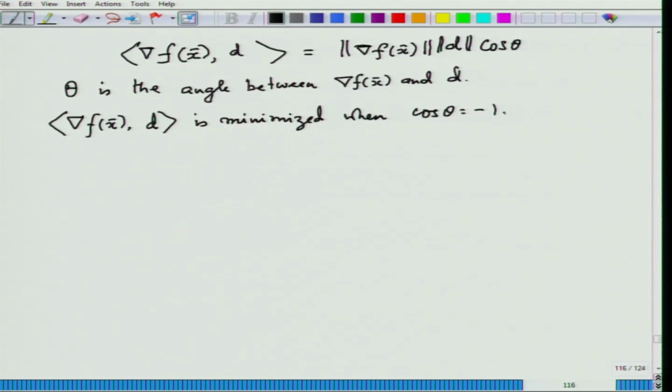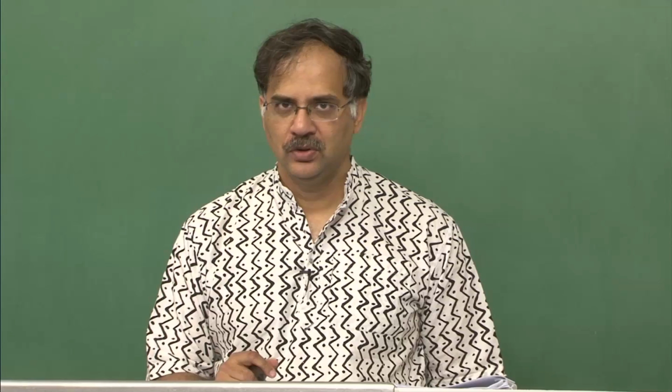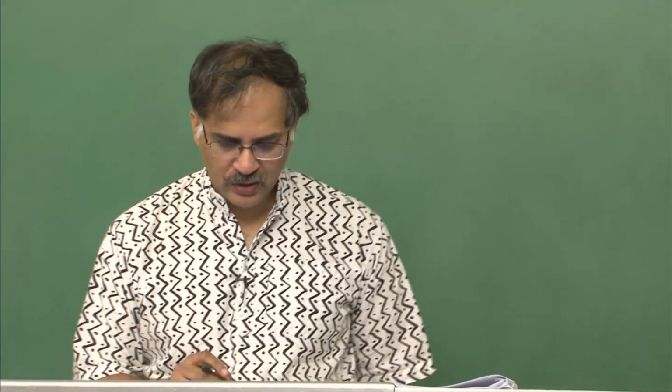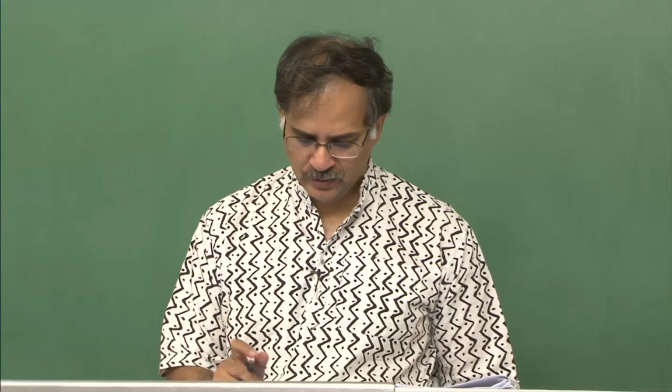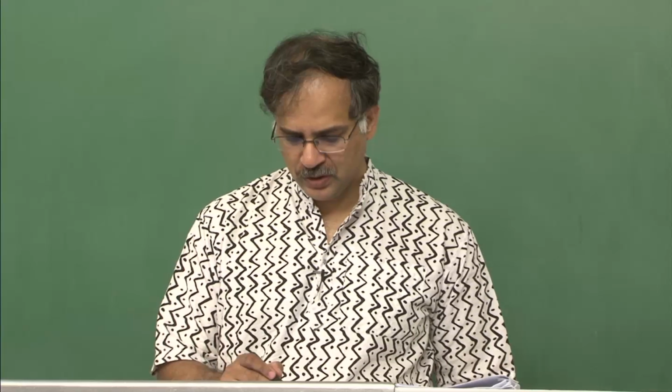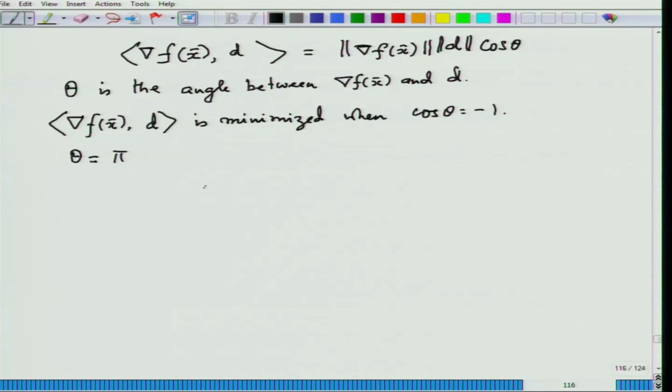When cosine of theta is minus 1, theta is equal to pi, or some multiple of pi: pi, 2 pi, 3 pi, 4 pi, whatever. Cos theta will come down to minus 1 at pi and go up, then again come down to minus 1 at 3 pi.